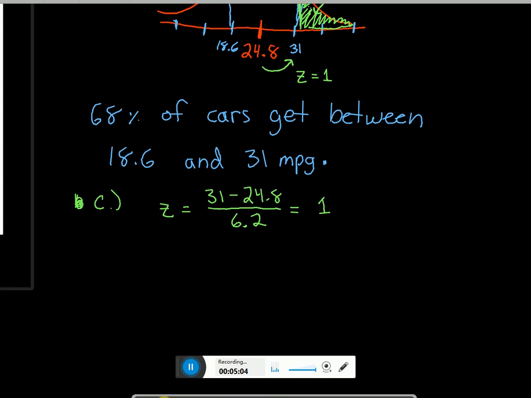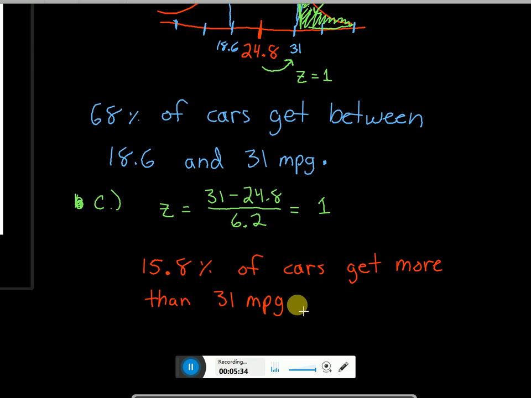So let's write that in a sentence. 15.8%. What does that mean? Of cars, 15.8% get more than 31 miles per gallon.